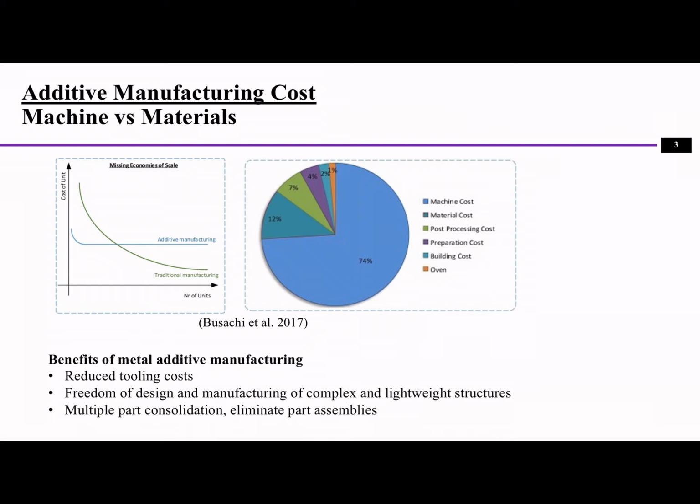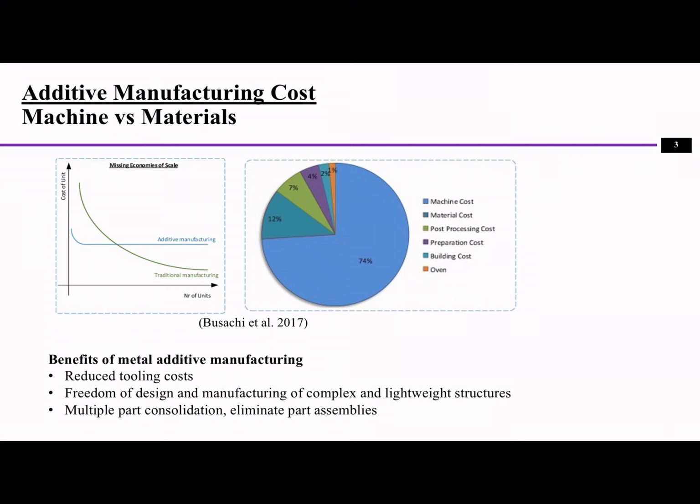And also you can utilize some very innovative ways of design. For example, we use topology optimization in order to create structures that are only needed for the function of the part.